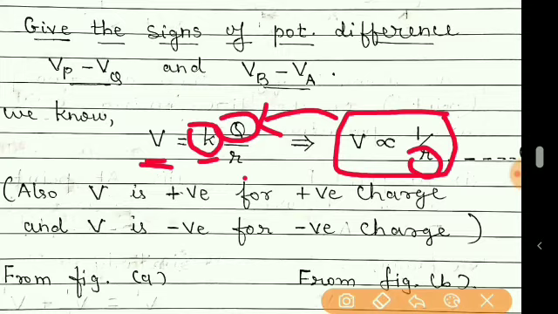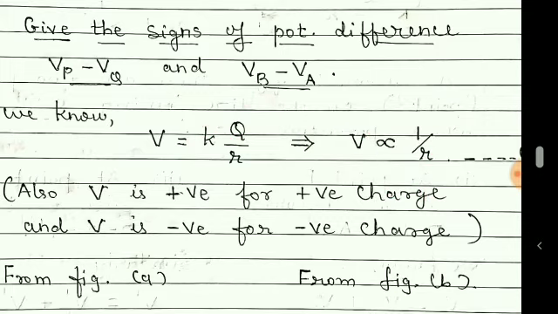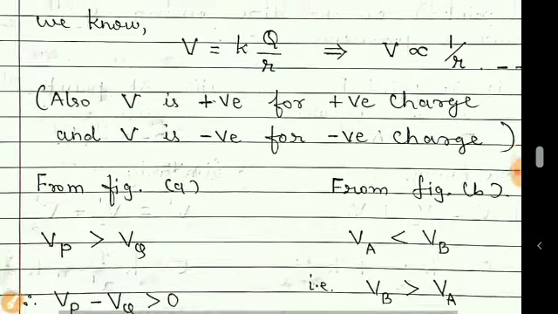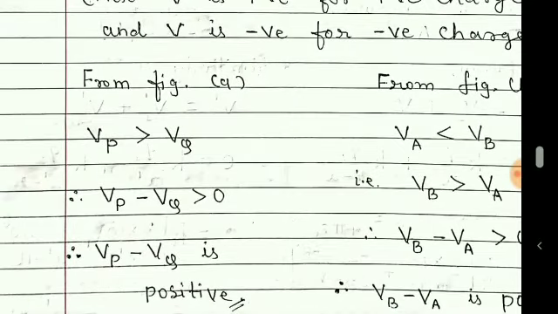So if we remove these constants, we get this proportionality. And so if the distance is less, potential will be more. And so potential at point P is greater than potential at point Q.